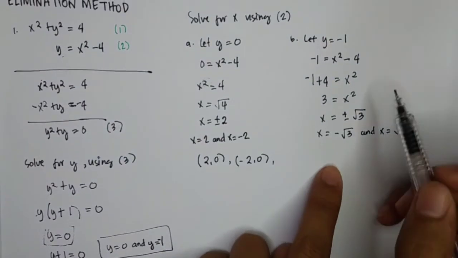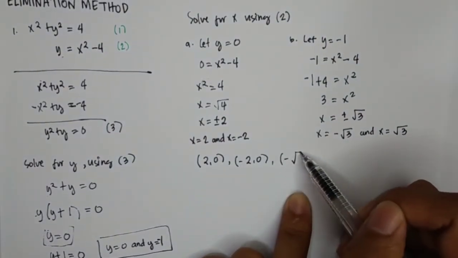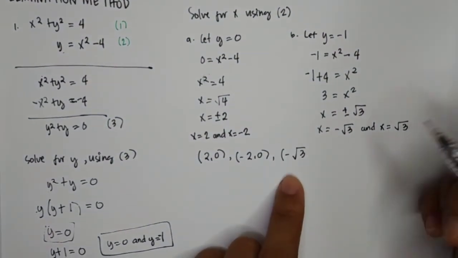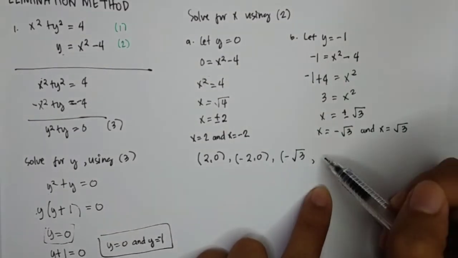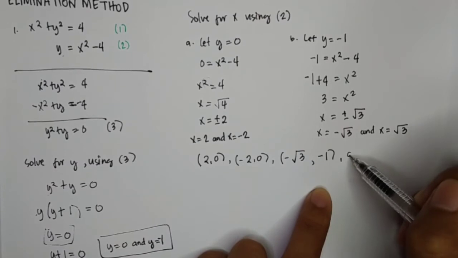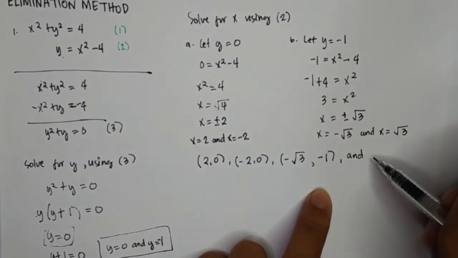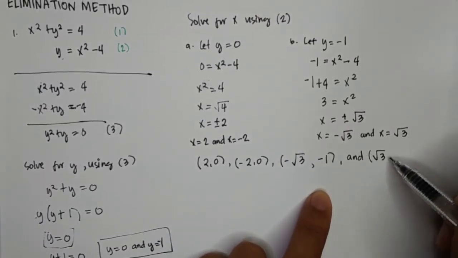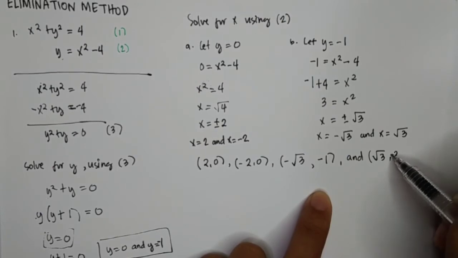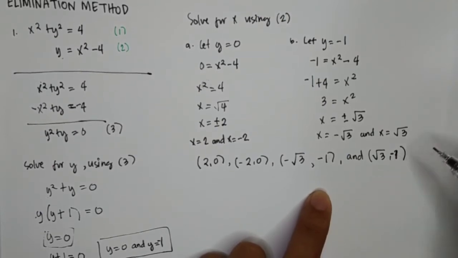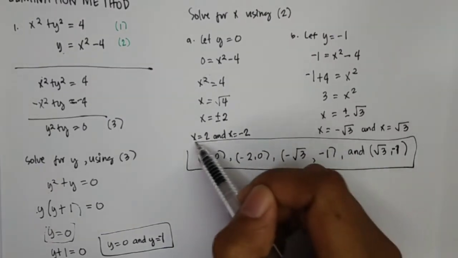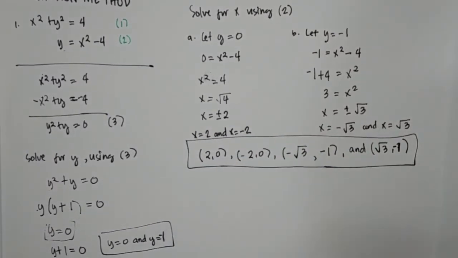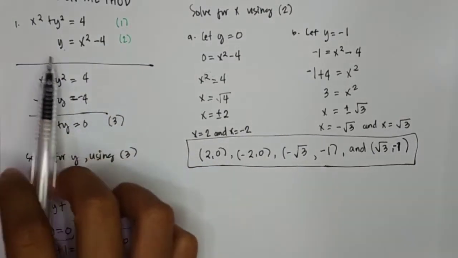We have negative square root of 3, and we have here value ng y, negative 1. And lastly, we have positive square root ng 3 and negative 1. So, yan yung itatry natin or i-check natin if applicable ba siya or it can satisfy the equation natin.